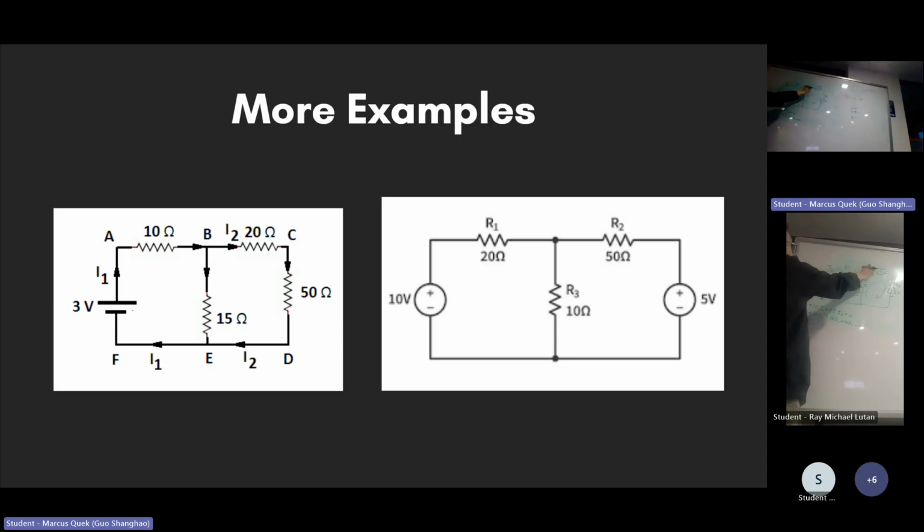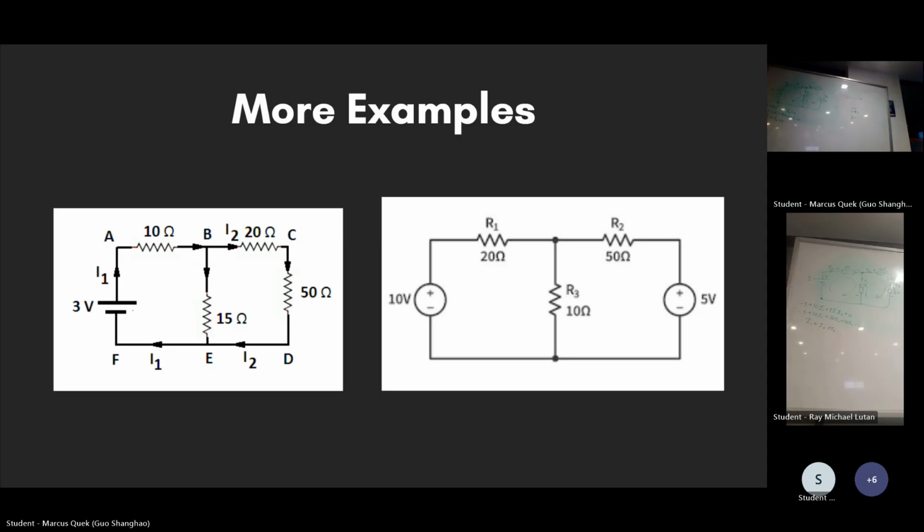Current in is equal to current out. So current in I1 is equal to current out I2 plus I3. Once you solve these equations, you can calculate all the currents, and using Ohm's law, you can calculate the voltages of course of each.